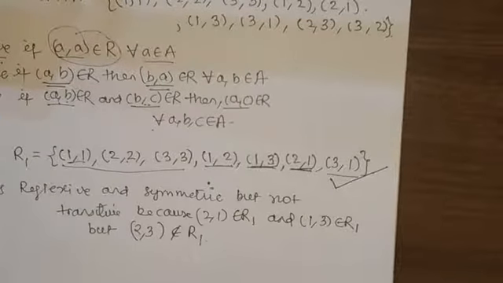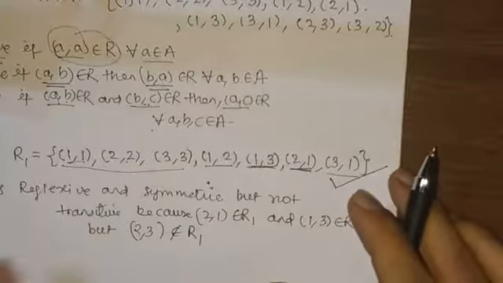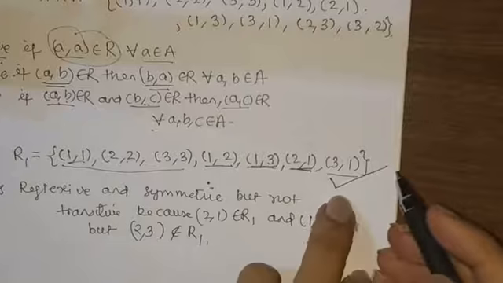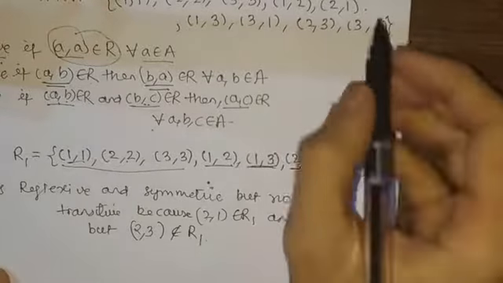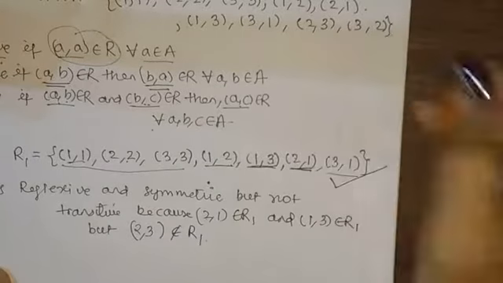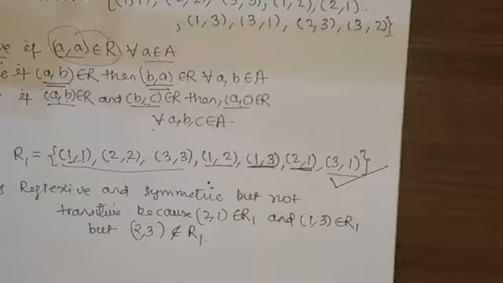So this is the smallest relation which is satisfying the given condition, R1. Now let us add elements. If we now add 2 comma 3, suppose, what will you get?